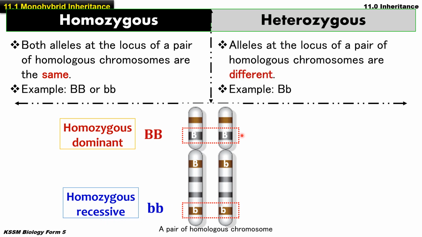Okay, heterozygote: allele at the locus of a pair of homologous chromosome are different. Contoh B besar, B kecil. Dekat sinilah same locus tapi allele tak sama. Satu dominant, satu recessive. So this is heterozygote. Boleh? Okay.